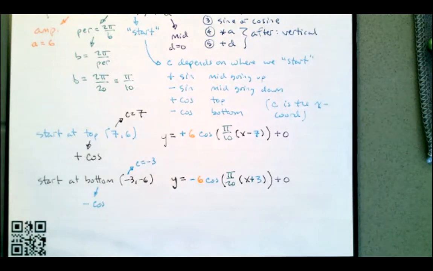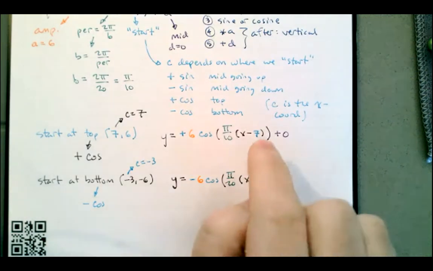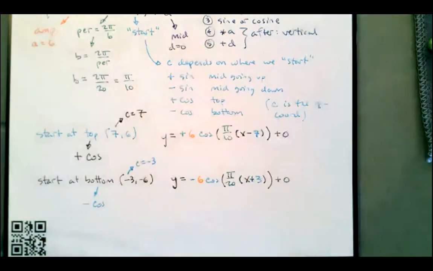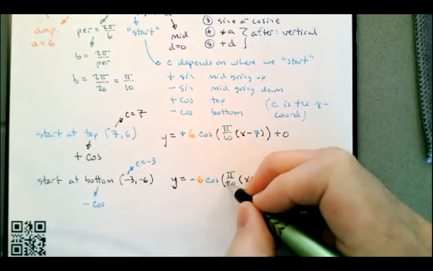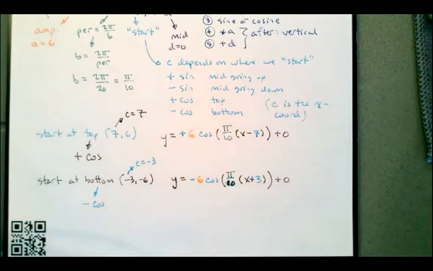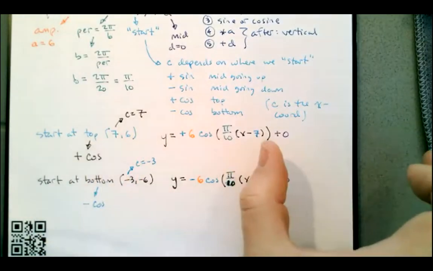The stuff before the trig function looks backwards. Multiplying by 2 compresses. Putting a -7 in, pi over 10, thank you. Putting a -7 puts the start 7 units to the right, which seems backwards.